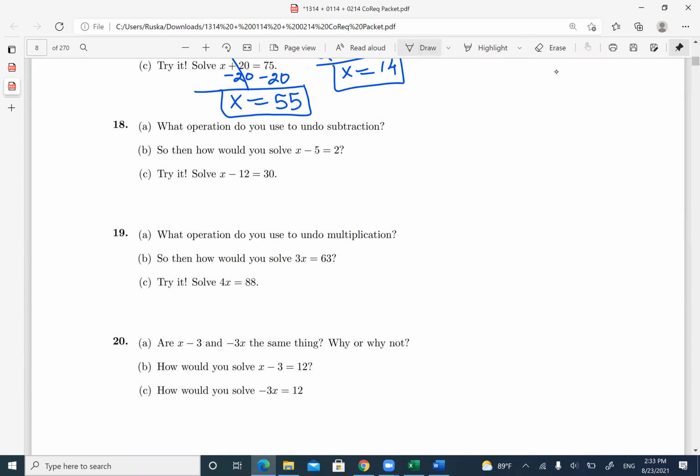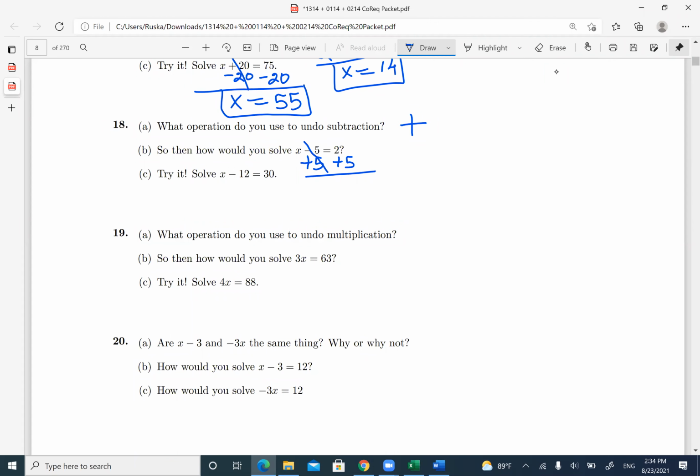undo the subtraction. Undoing subtraction, its opposite is addition, right? So we're gonna add. The equation we have, how to solve X minus 5 equals 2. You're gonna add 5 on both sides. And why are you adding on both sides? Do you know? Because there's an equal sign in the middle, it's balanced.